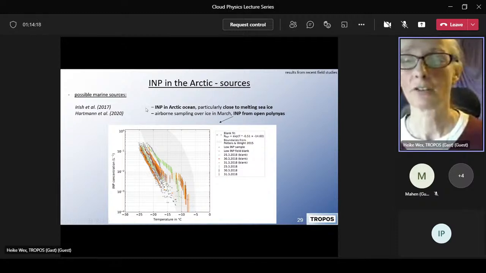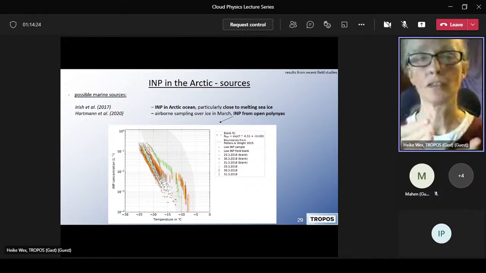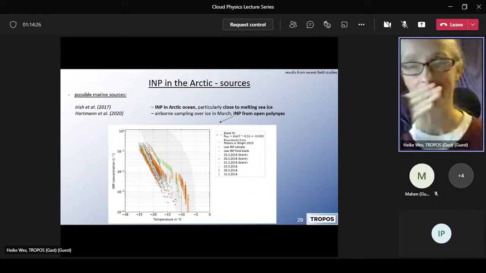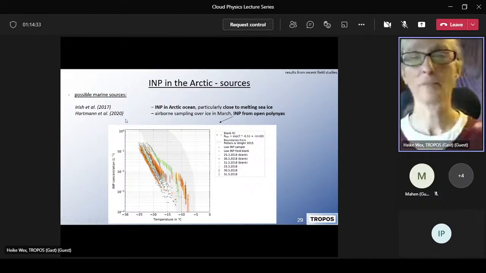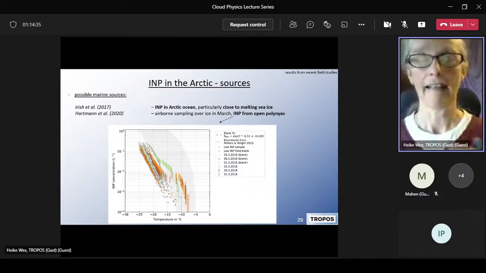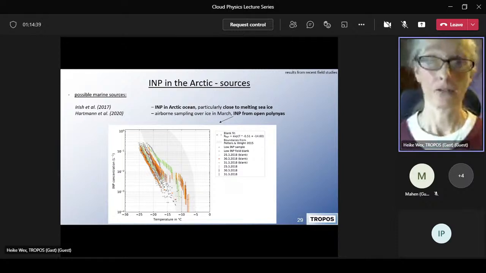Irish et al. found that in the Arctic Ocean, INP just swim around there, particularly many close to the ice edge, where there's melting sea ice. Hartmann et al., one of our studies, we flew over the ice at that time of the year in 2018. And when we flew higher up, we didn't see enough INP to really detect them.